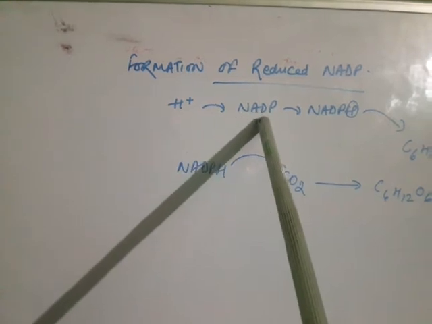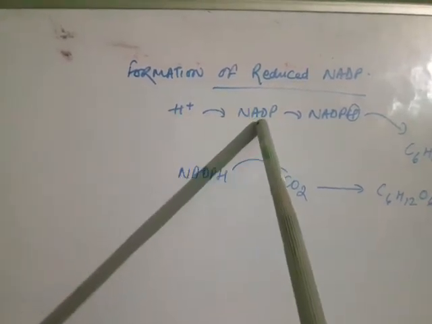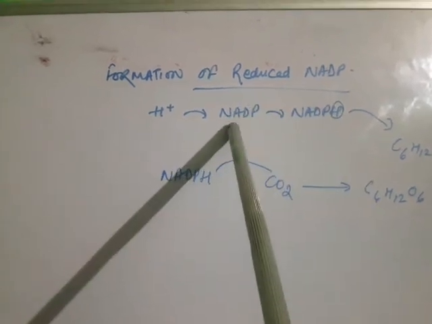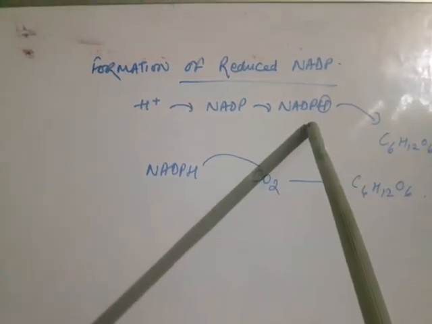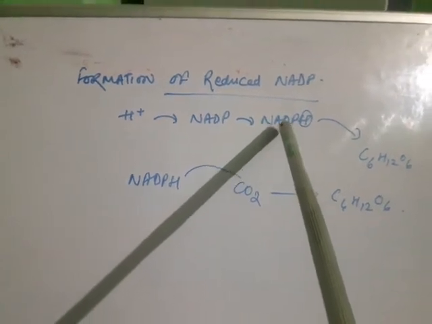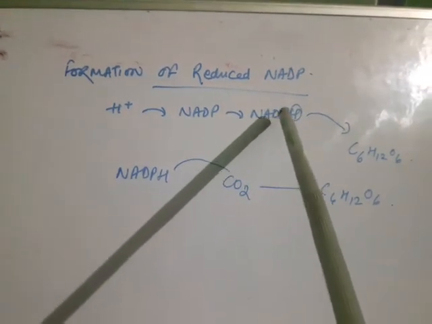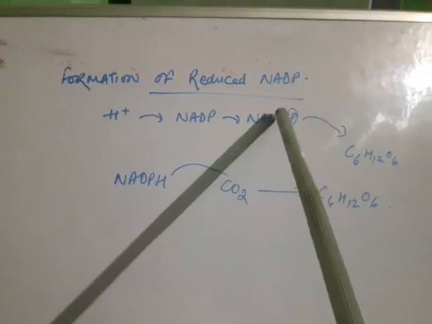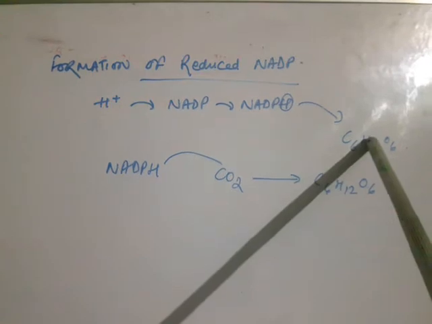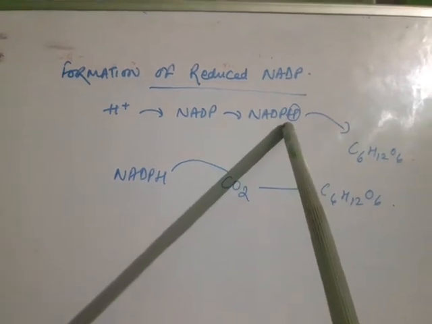This NADP accepts the hydrogen and is reduced to form NADPH. It remains there from the light phase into the dark phase, and later on this NADPH supplies hydrogen to form glucose. This hydrogen is supplied by NADPH.